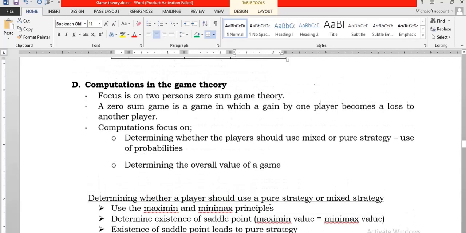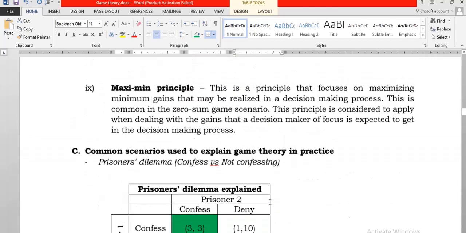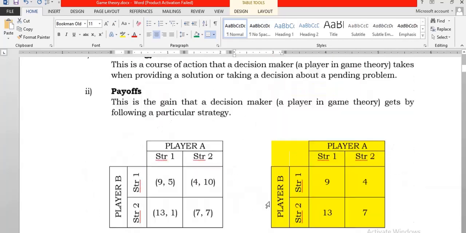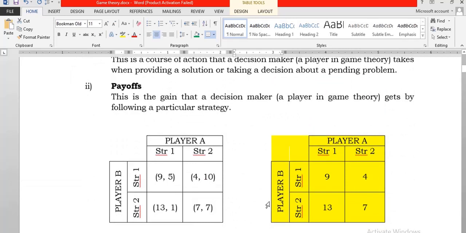So the first computation, before we go to the computation, we're trying to understand what is the main focus of this computation. As I explained to you earlier, just a matter of recap, when you look at payoffs, we have this scenario whereby both players indicate their payoffs.